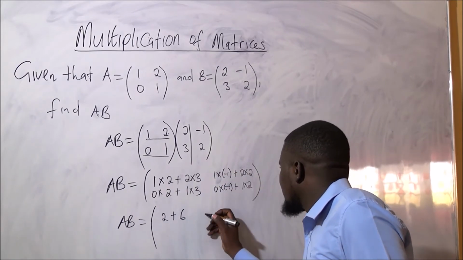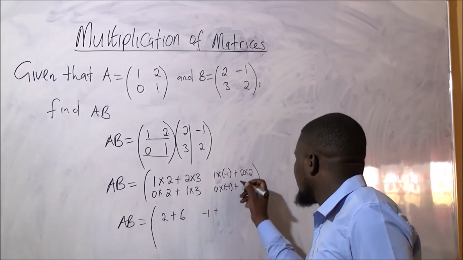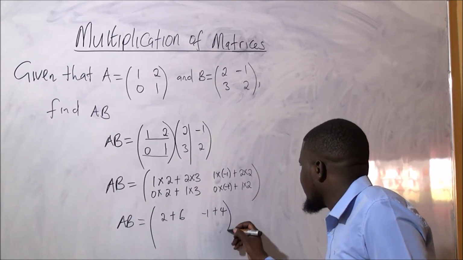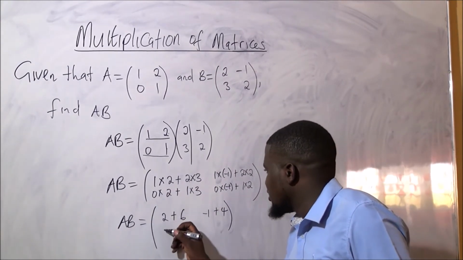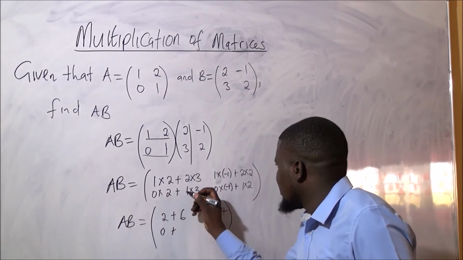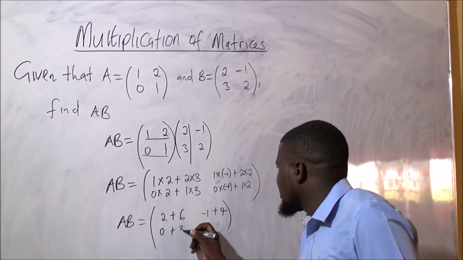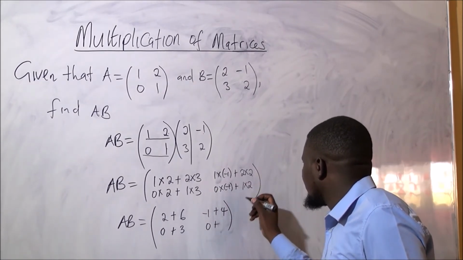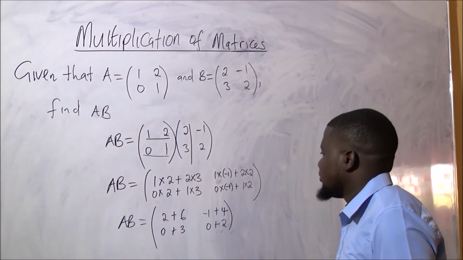This times this one, it's negative 1, plus this times this one, it's going to be 4. This times this one, it's 0, plus this times this one, it's 3. This times this one, it's 0, plus this times this one, it's 2.